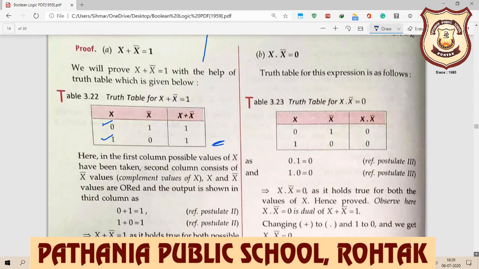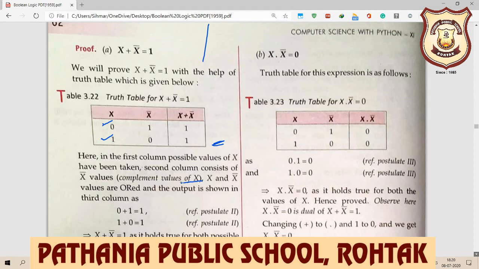The second column consists of x complement, the complement values of x, which means 0 converts to 1 and 1 converts to 0. The output is shown in the third column, and this is your response.